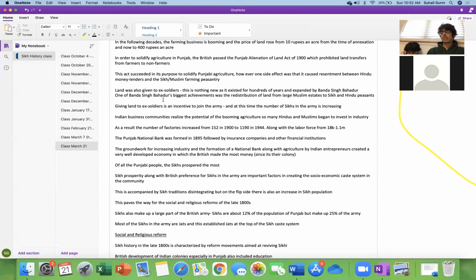But one of his biggest things was the redistribution of land. This is probably one of the most important things about Banda Singh Bahadur, which gets overlooked. The first thing he did when he got power was redistribute the land, taking it from large Hindu and Muslim estates, people who owned big plots of land and didn't really do anything, and giving it to the peasantry in little pieces.